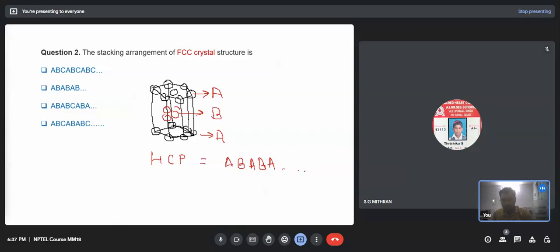What about CCP? CCP will be the same, with a very little difference. Another layer will be there. Just erase this, then it will be visible properly.